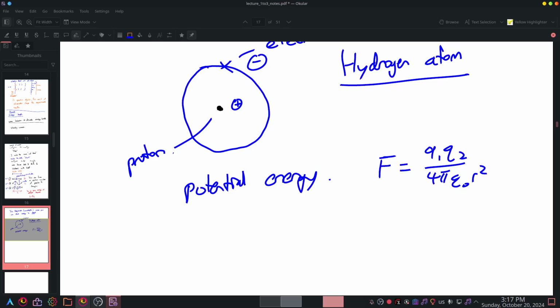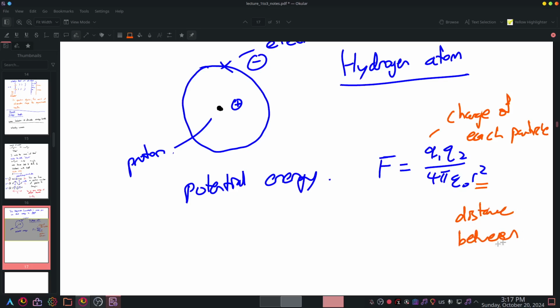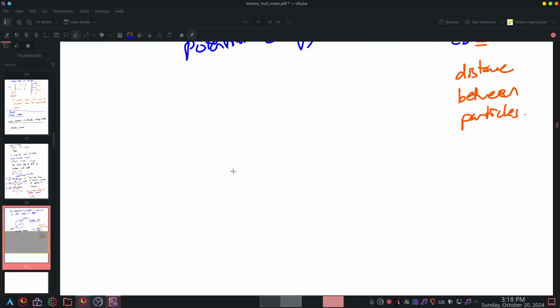Don't worry about using the formula. Just know that the force between two charged particles is based on the charge of each particle, and of course the radius or the distance between each particle. This actually governs the force between the particles and also the potential energy.